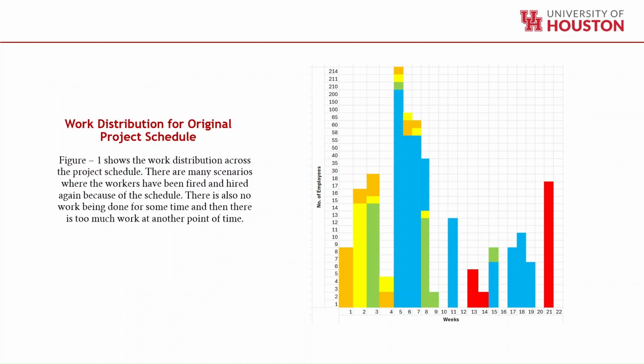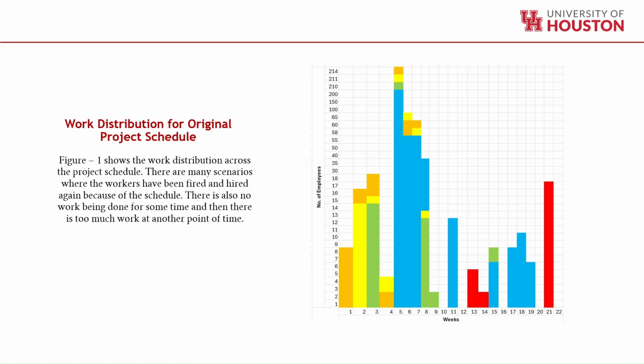And this is the work distribution for the original project schedule. As you can see, for the fifth week, the personnel requirement can go as high as 214 people. And in some of the weeks like 10, 12, 16, and 20, we don't need personnel at all across any of the systems, because there is a gap between when we receive the materials and when we install them.